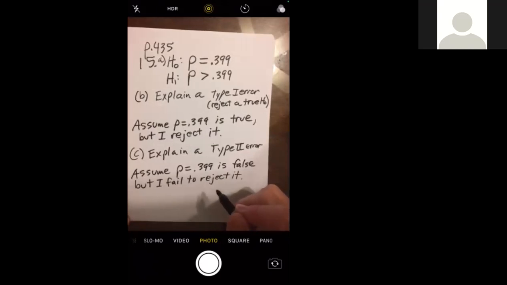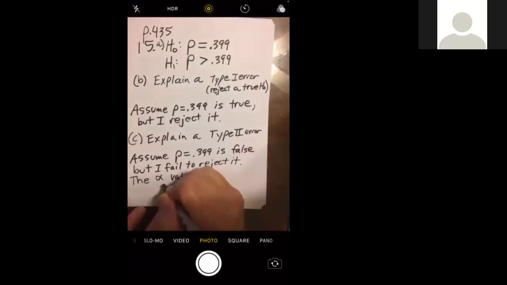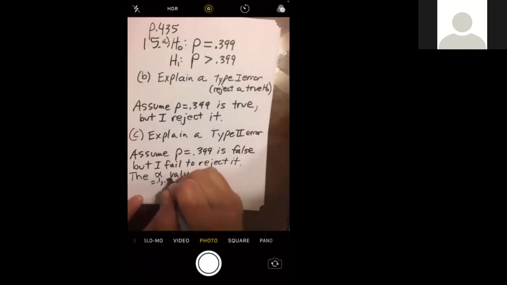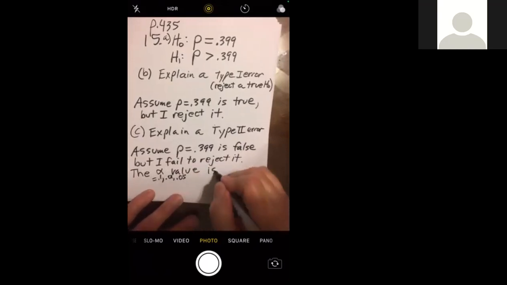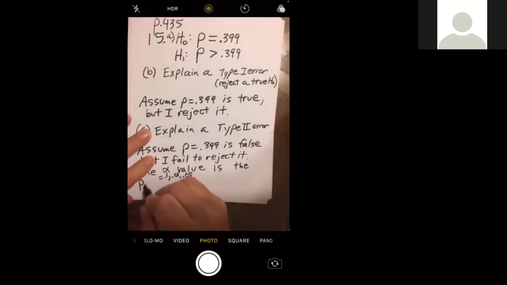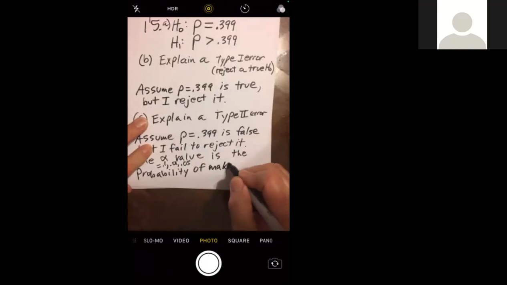By the way, there's one other fact I should state about this while it just popped in my head. The alpha value, you might need this on the MyLab. Remember, it was either 0.1, 0.01, or 0.05. These are the common values. It is the probability of making the type 1 error.